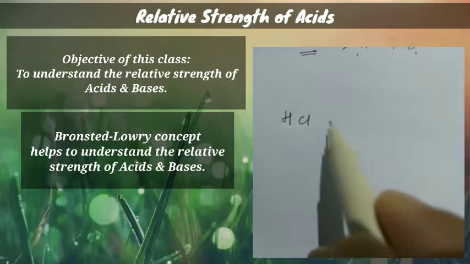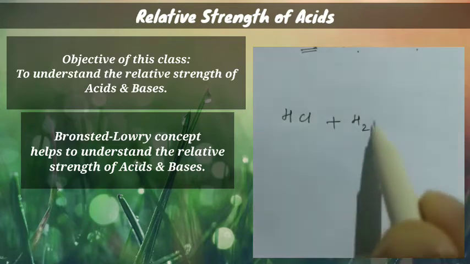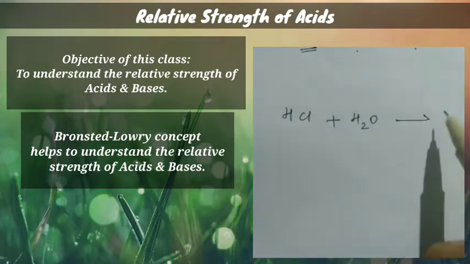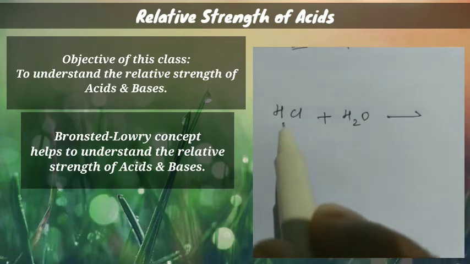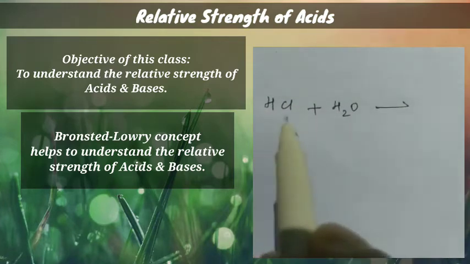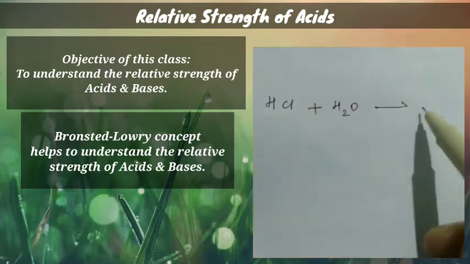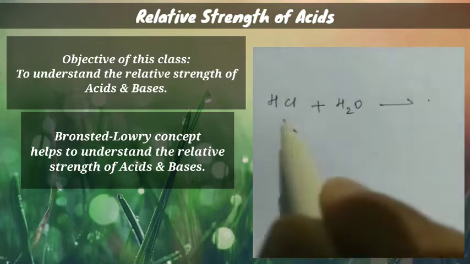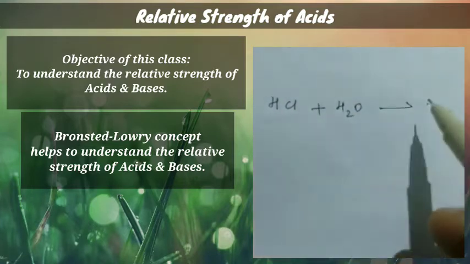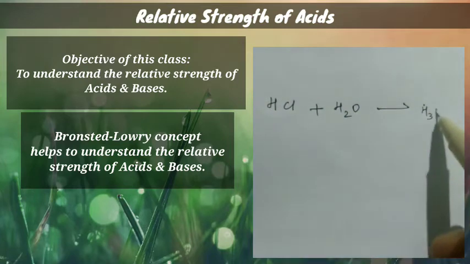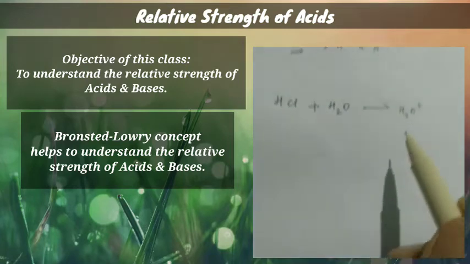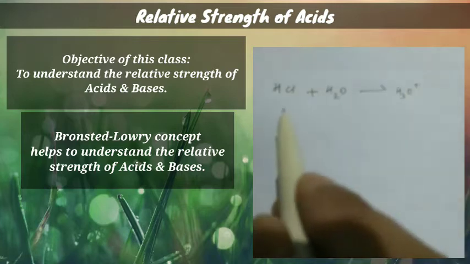HCl is an acid. Suppose we add this in water. Because this is an acid, what is going to happen? It can donate a proton to that base, so the proton will be accepted by this water, and it will become H3O+, understand? Now, what is the remaining part?